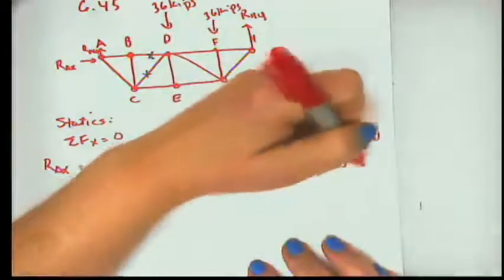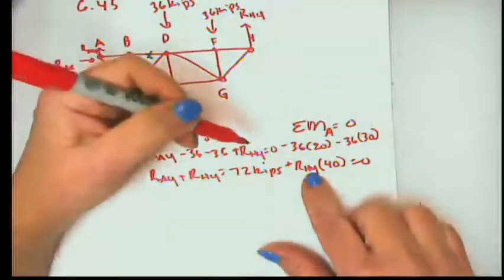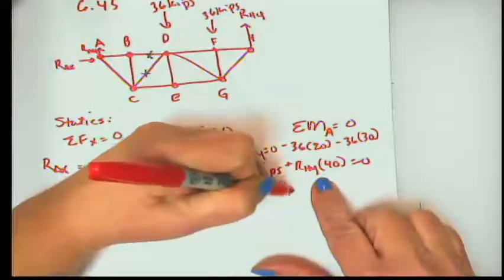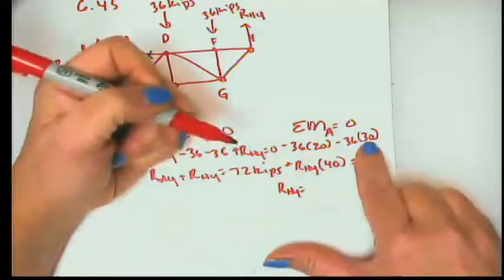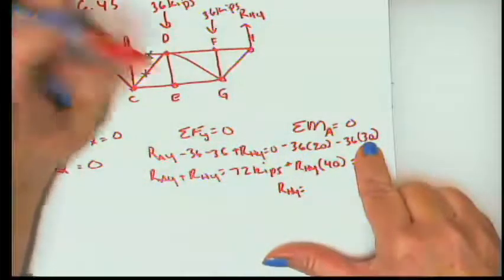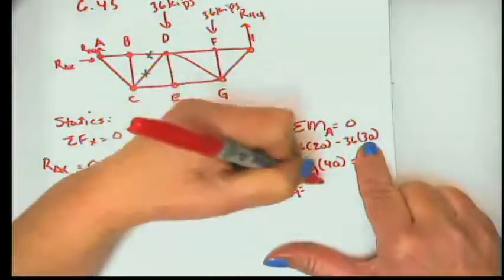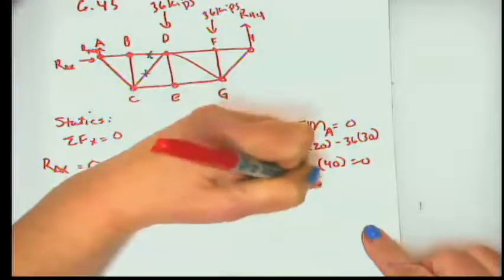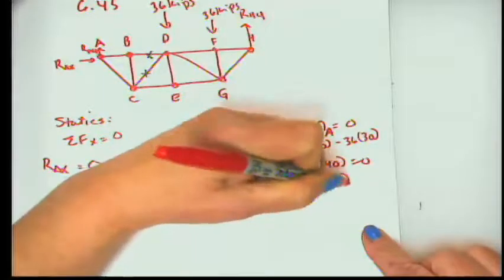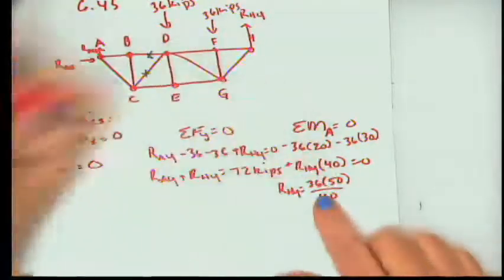And those three things summed together equal 0. So from this equation, I can solve for my RHY. It's 36 times 20 plus 36 times 30, which is 36 times 50, divided by 40, right?